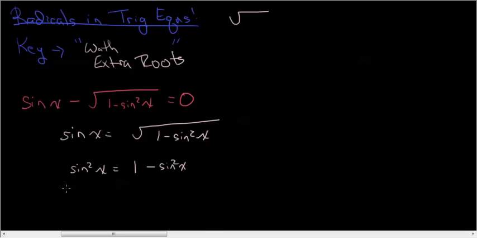Add sine squared x to each side and I'll get 2 sine squared x equals 1, or sine squared x equals 1/2.